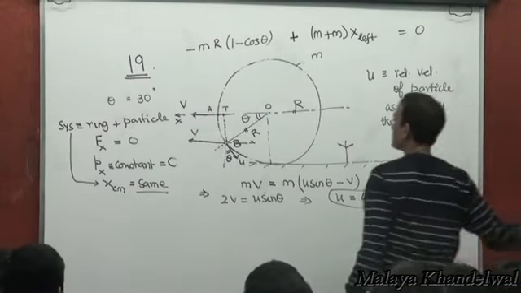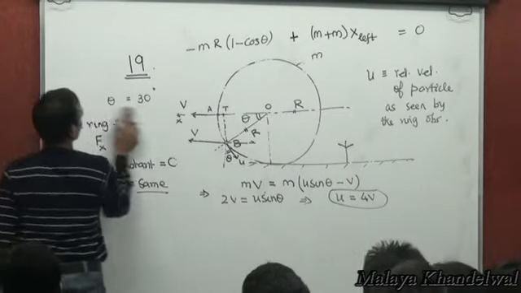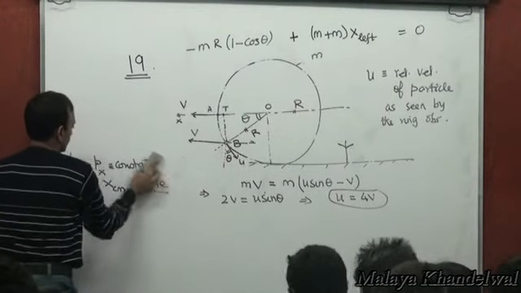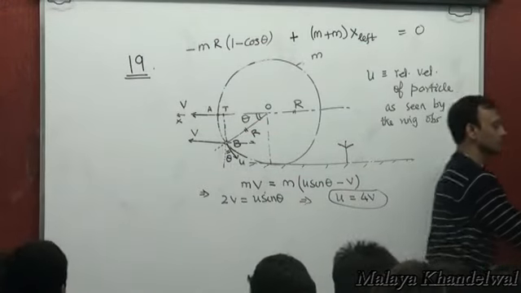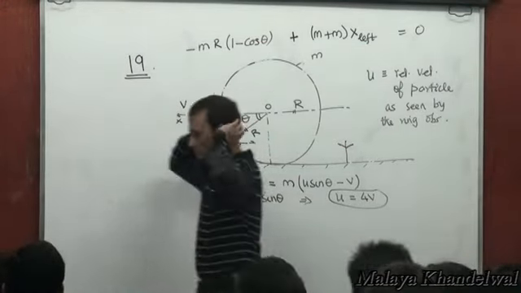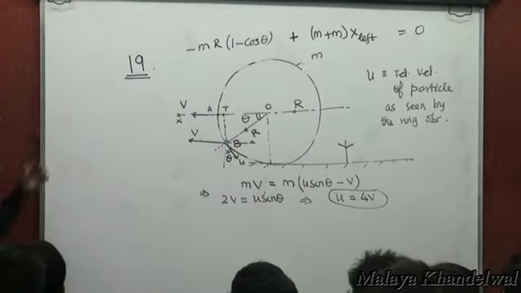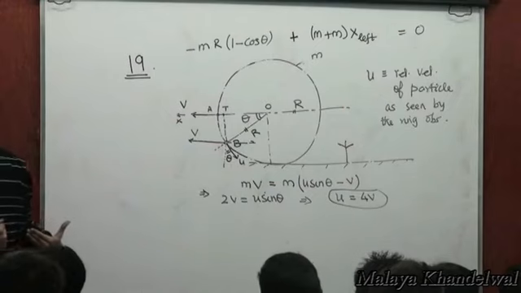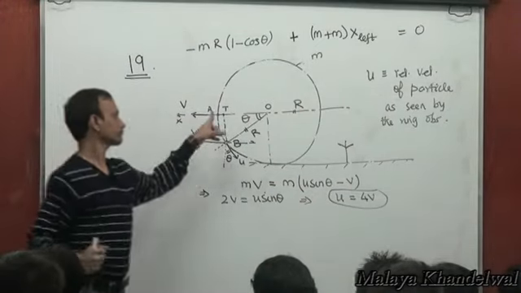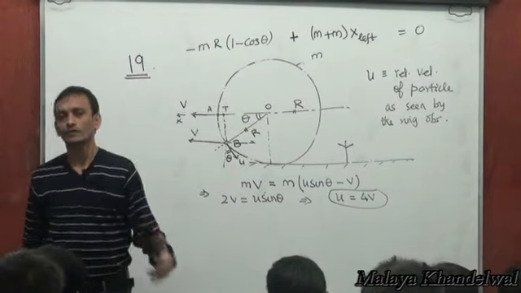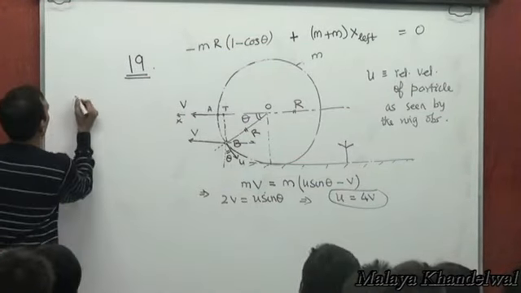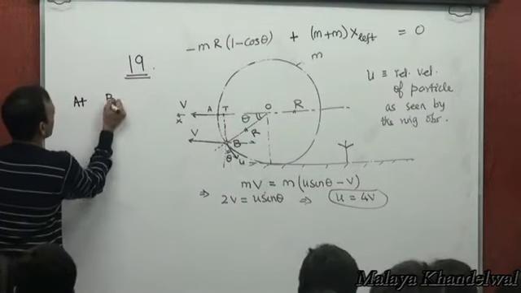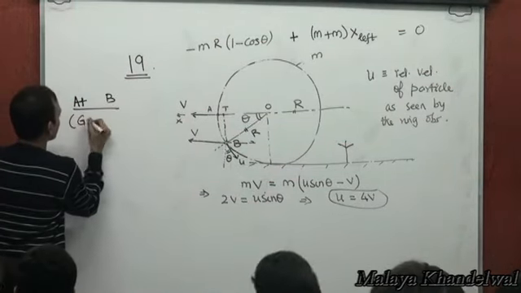Now, when the particle arrives at B, it has a certain velocity as seen by the ground observer, in the ground frame.